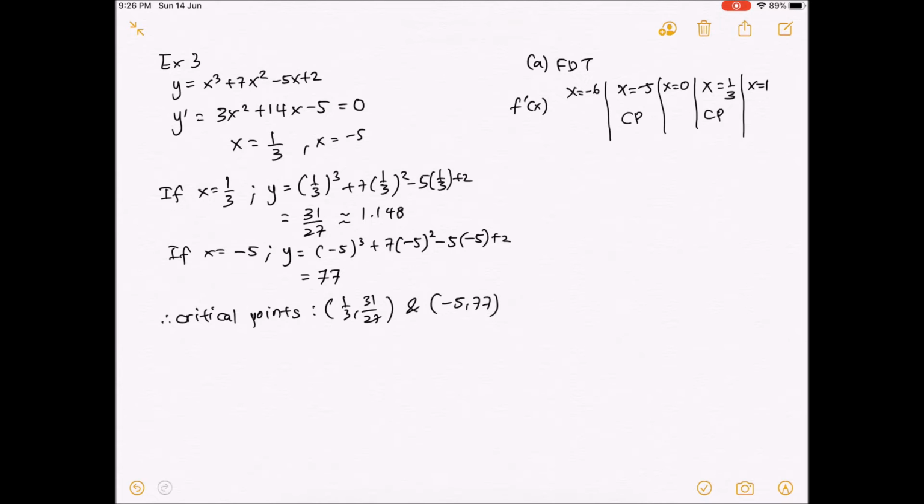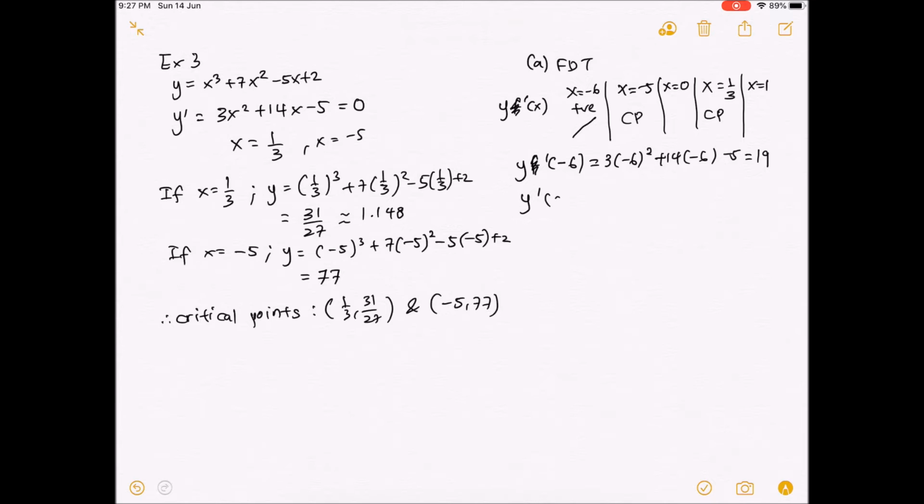Okay, so we look into the pattern of the other points. If my x equals -6, then my y prime(-6) will be, sorry, you don't have to use f here because the question used y, so we will continue using y. So y prime(-6) will be 3(-6) squared plus 14(-6) minus 5, which is 19. So 19 is a positive value, so your slope will be increasing.